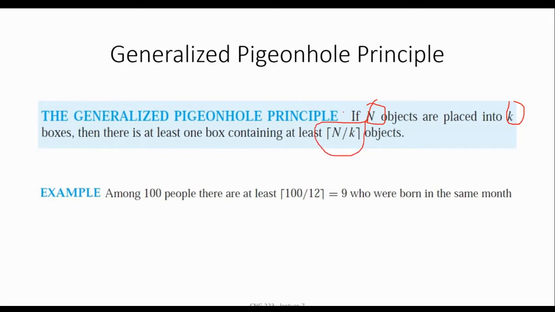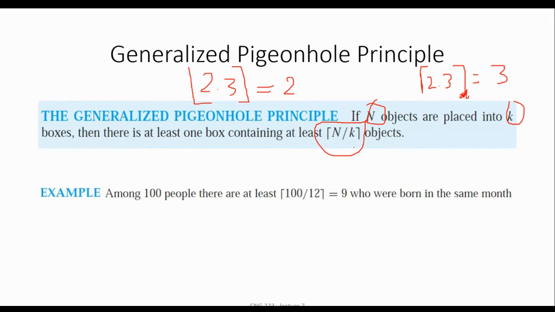Do you remember the ceiling sign? If you have 2.3 and you want to calculate the ceiling of that, it should be 3, right? If you want to calculate the floor of it, then it will be 2. You remember that from one of the lectures that we had.